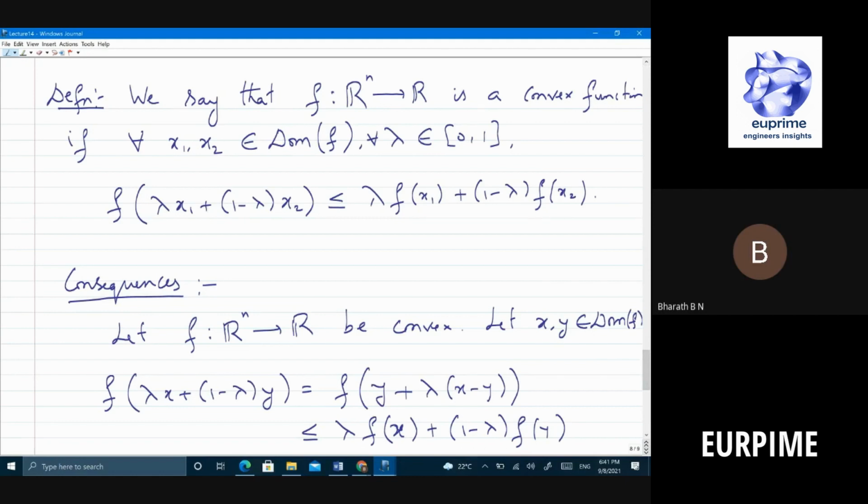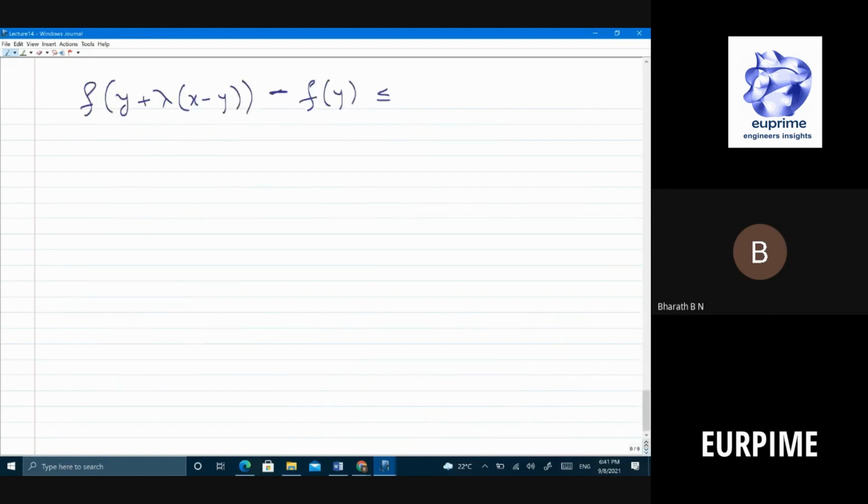I subtract, so this times f of y is f of y, and I subtract f of y, so they cancel. So I have minus lambda f of y, right? So it's lambda times f of x minus f of y. Okay, this is what I have.